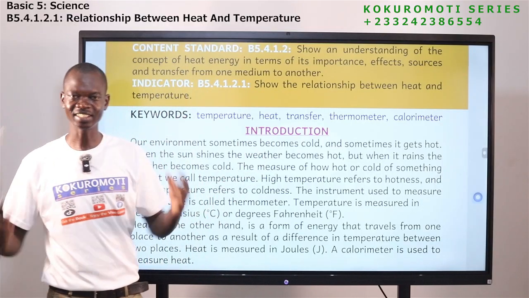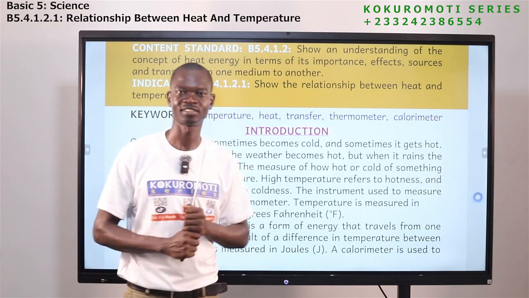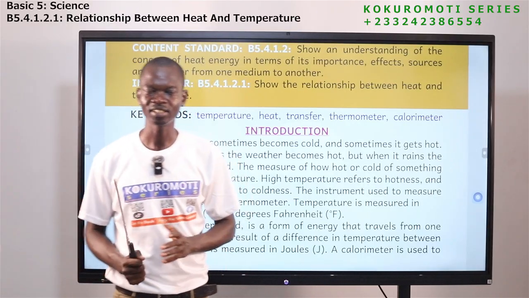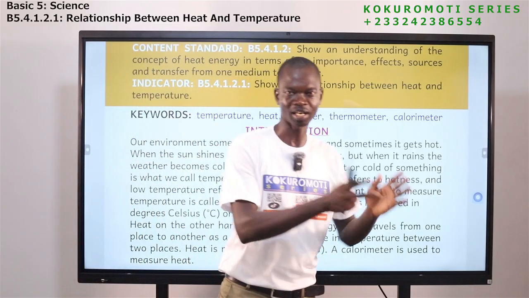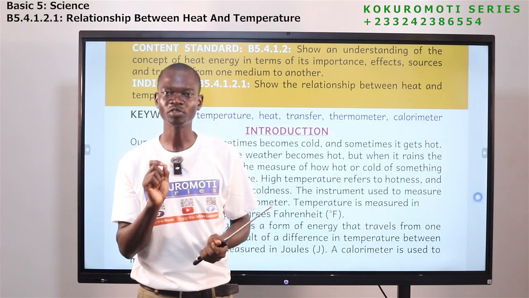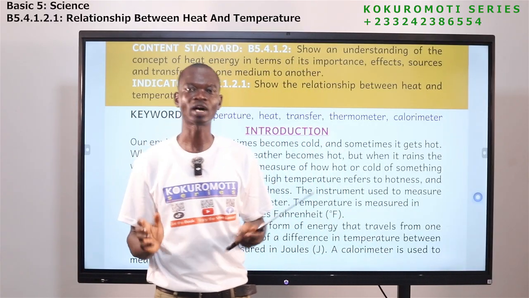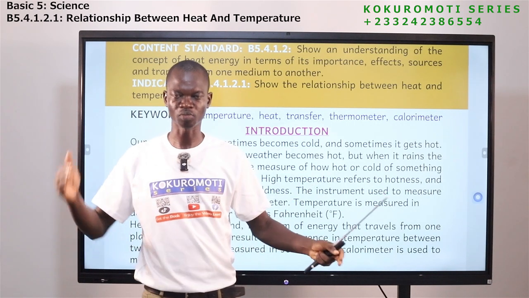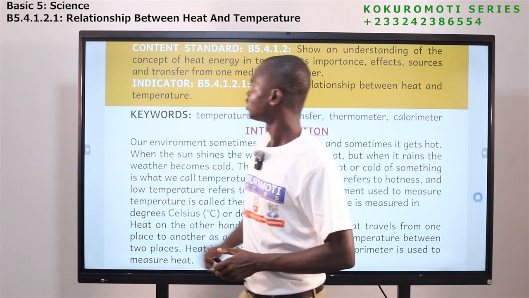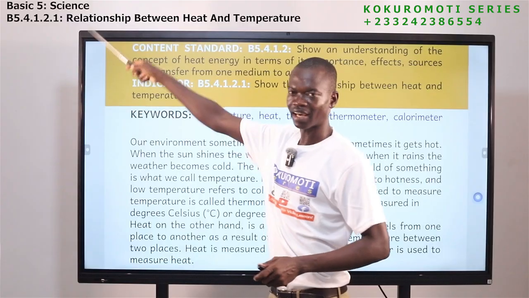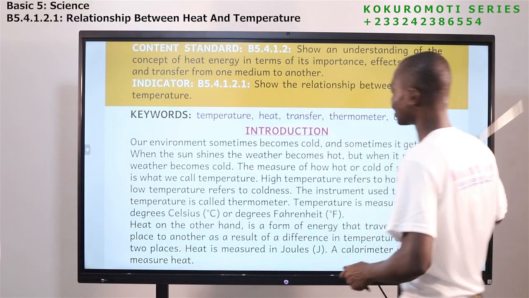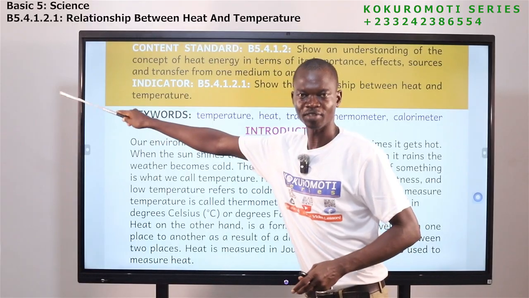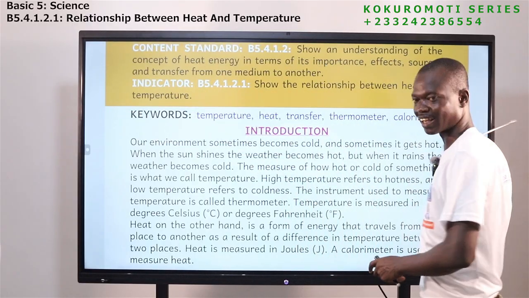The next word is heat. Heat is a form of energy. Heat, it is a form of what? Energy. So energy that moves from one point to another. It can only move if there is what? A difference in temperature between the 2 points. So if there is fire here and there is no fire here, heat will move from where the fire is to the other side.